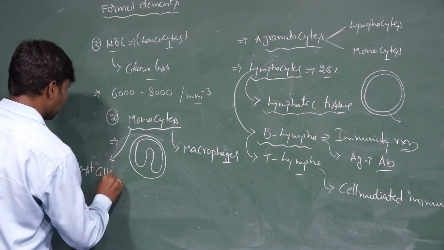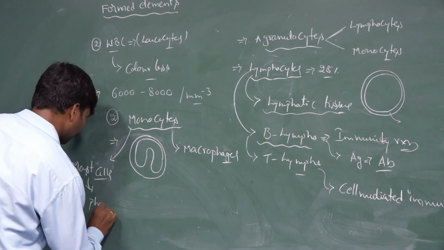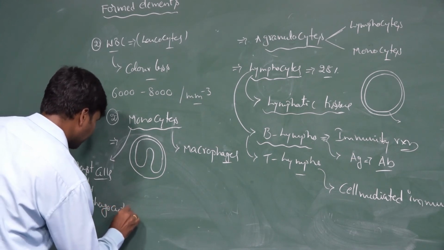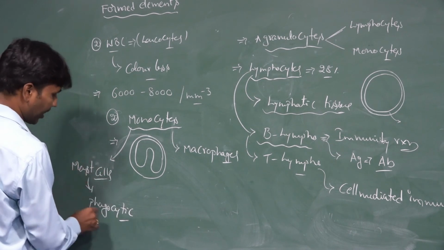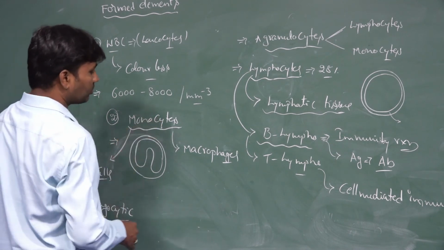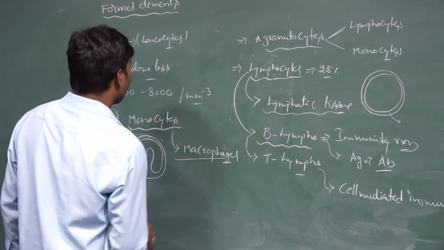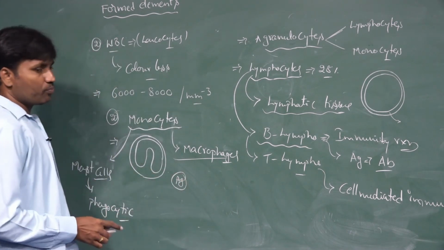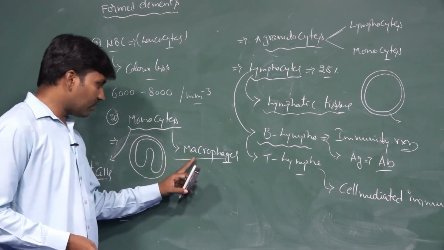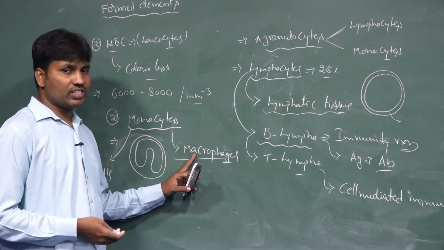In the tissues, they act as mast cells, and the mast cell function is a phagocytic function. The monocytes are also phagocytic in nature. They kill whatever pathogen or antigen enters the body, and they further convert into macrophages.